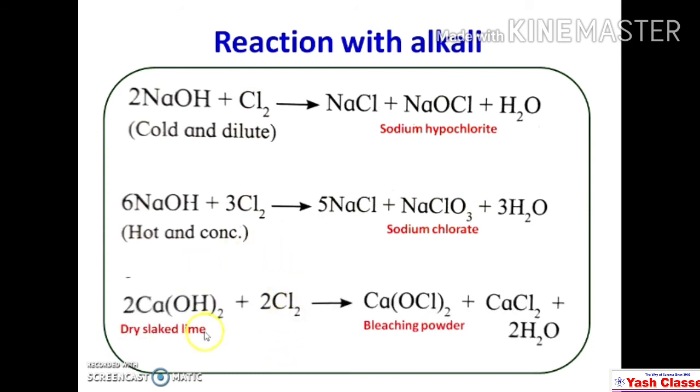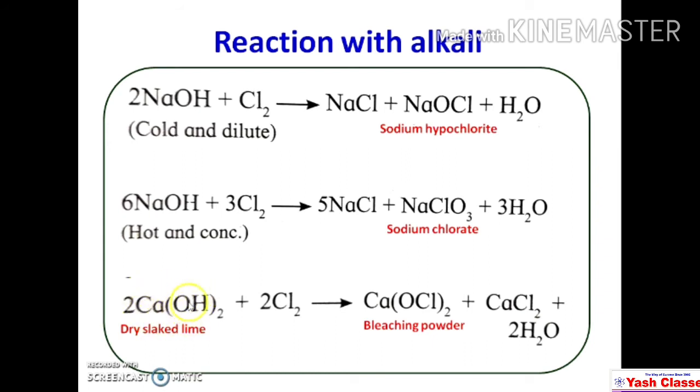Similarly, when chlorine is allowed to react with dry slaked lime, that is dry calcium hydroxide. Actually, calcium hydroxide, when it comes in contact with moisture, when water is added to this, we get lime water.